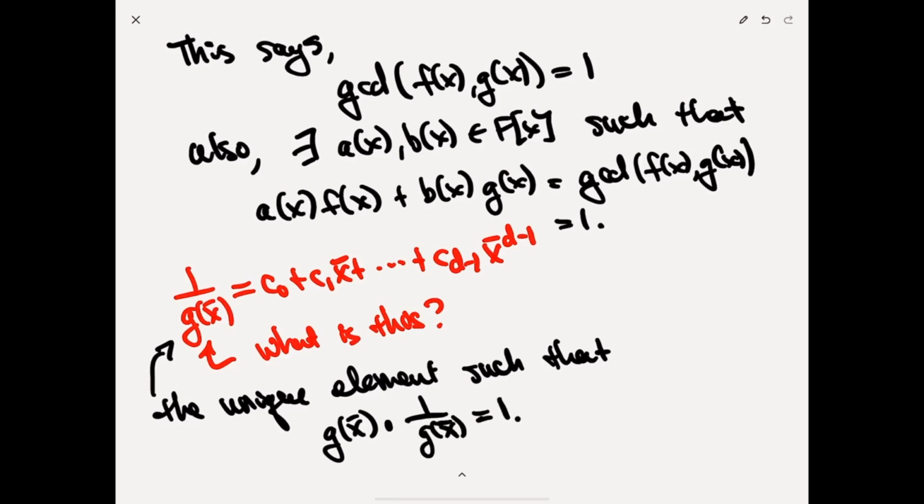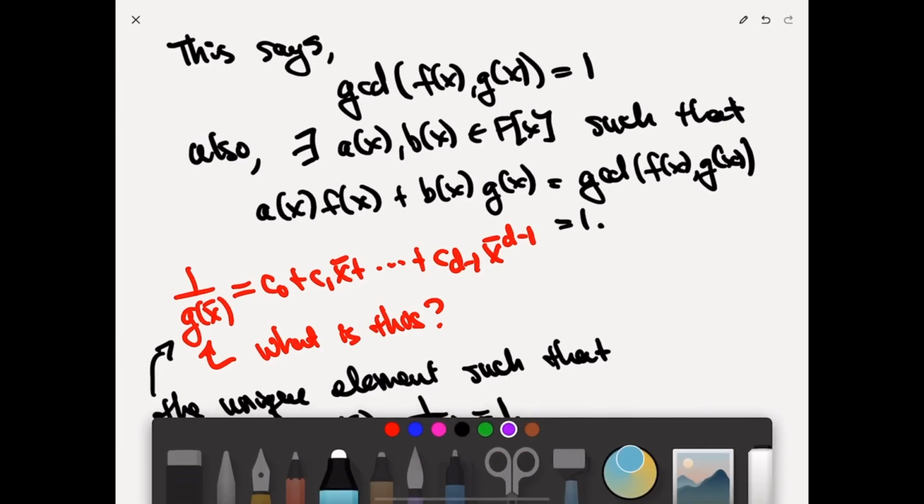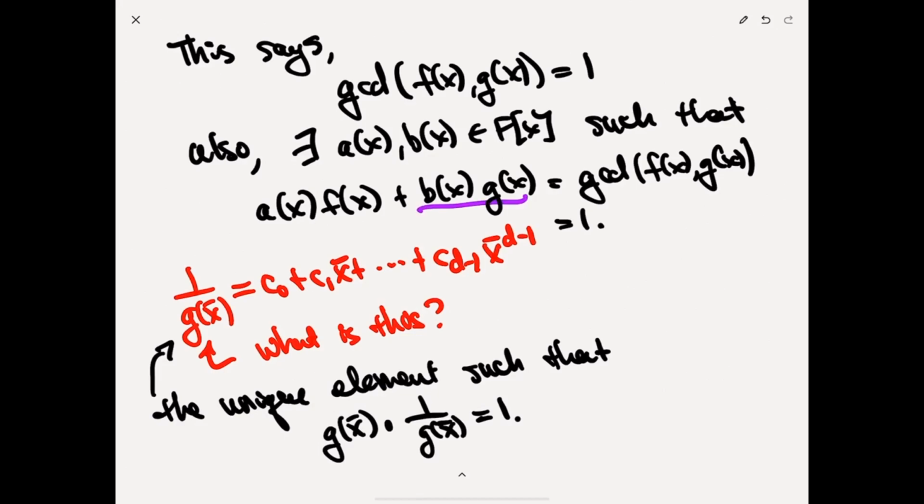So we just need to find some element such that g of x bar times it is equal to 1. Do you see that element? The element is this element. Right, so here this is 1.